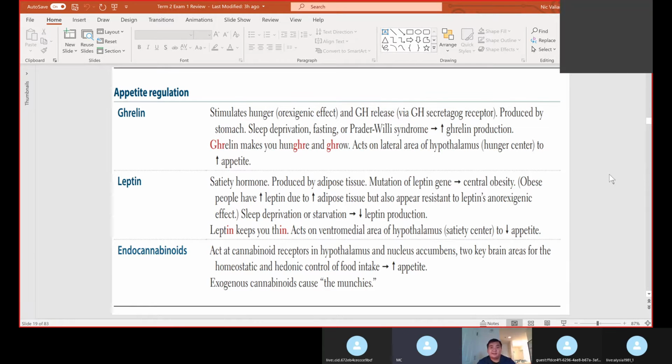Happy puppet. Remember happy puppet? That's your Angelman syndrome. So it's the maternal deletion of UBE3A. Therefore, it is paternal uniparental disomy. Good job, guys. Ghrelin makes you hungry and grow. Leptin keeps you thin. Those are high yield.